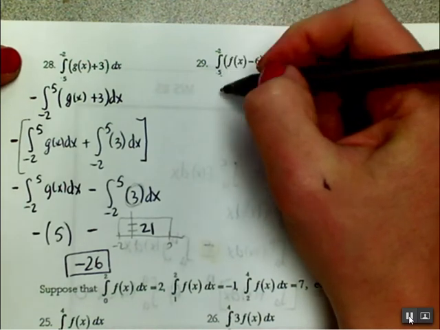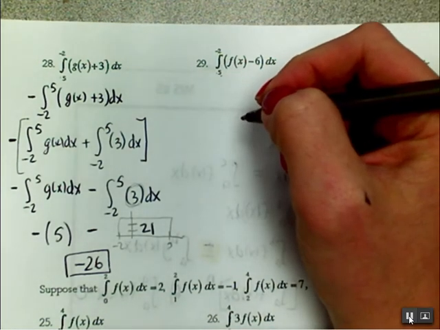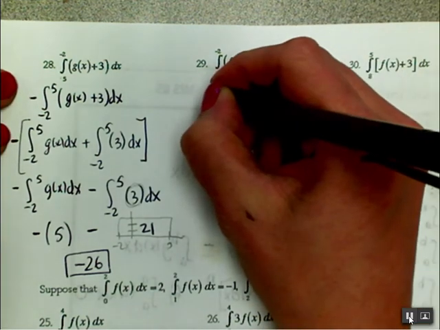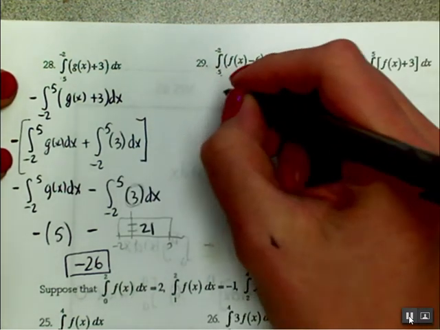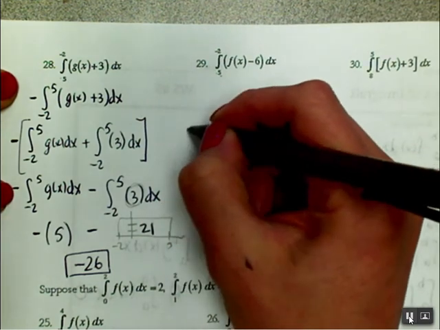Okay, the order is backwards, so we're going to go ahead and switch the order, just like we did in this first one. I'm going to skip all the way to this part right here.